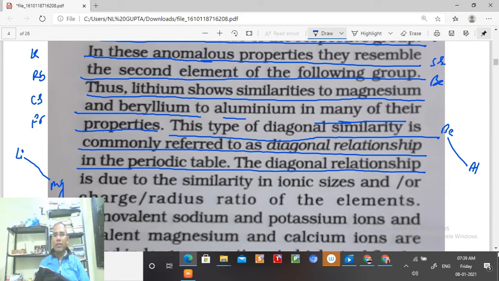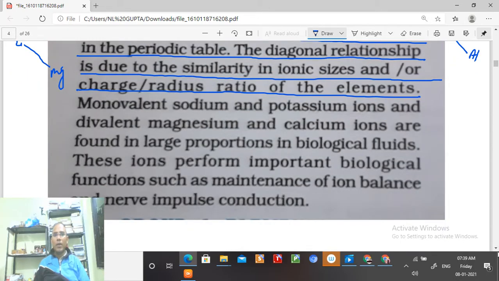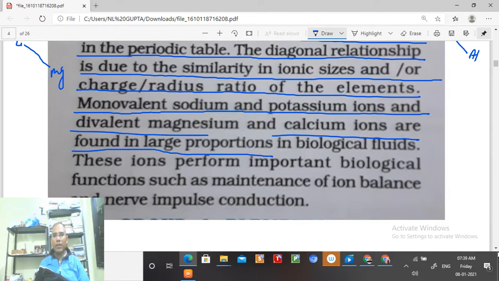The diagonal relationship is due to the similarity in ionic size, or the charge to radius ratio, of the elements. Monovalent sodium and potassium ions and divalent magnesium and calcium ions are found in large proportions in biological fluid.